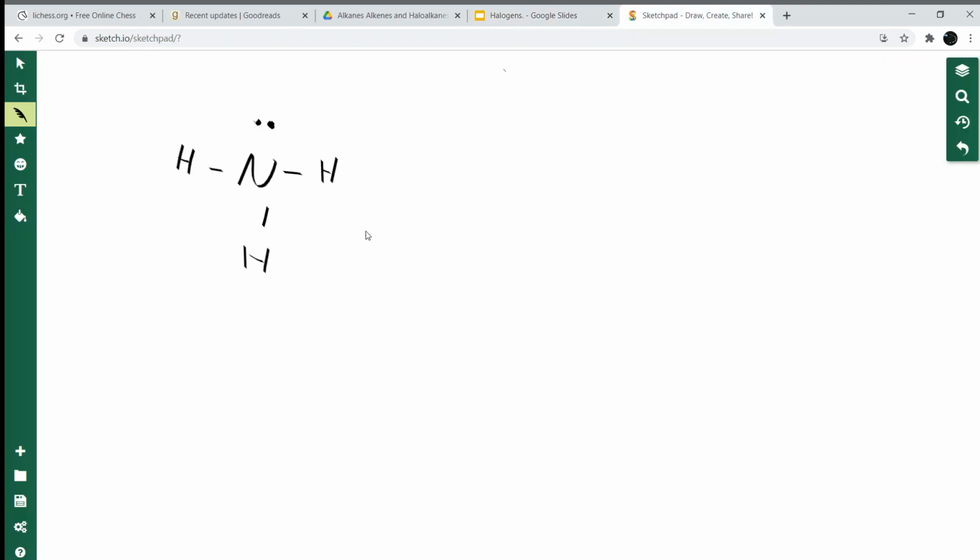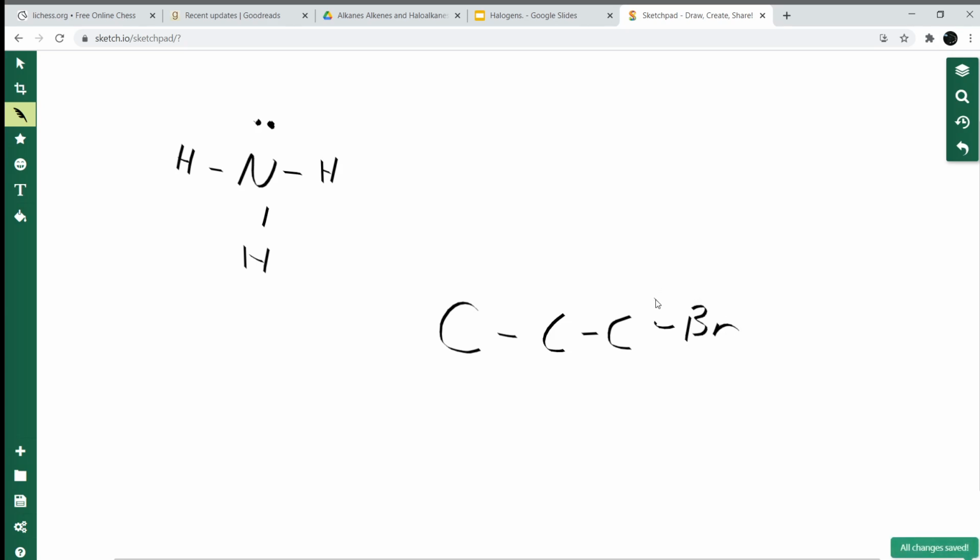Let's think about this one. We haven't talked too much about the actual amine groups going on, but we can take a look here and say, all right, we have a propane molecule, and on it we have bromine.